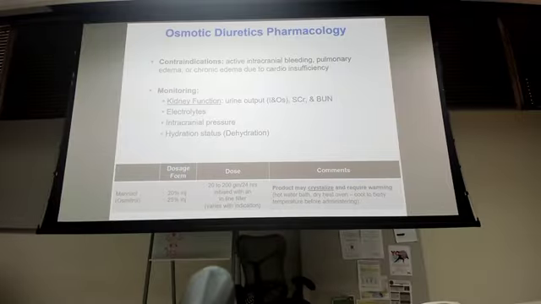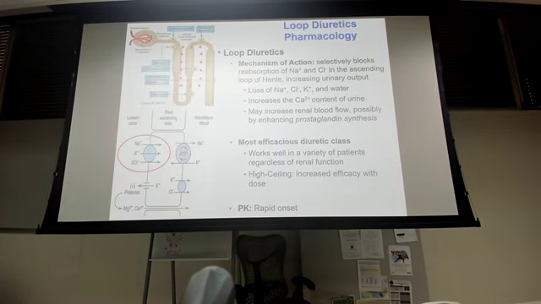Now we're moving into the loops. Most frequently used, most powerful diuretic in practice. Strongest in the world, loops. Your big players: furosemide. We had the slide earlier, the drugs we talked about. So furosemide, bumetanide, torsemide, and then we mentioned briefly ethacrynic acid earlier.